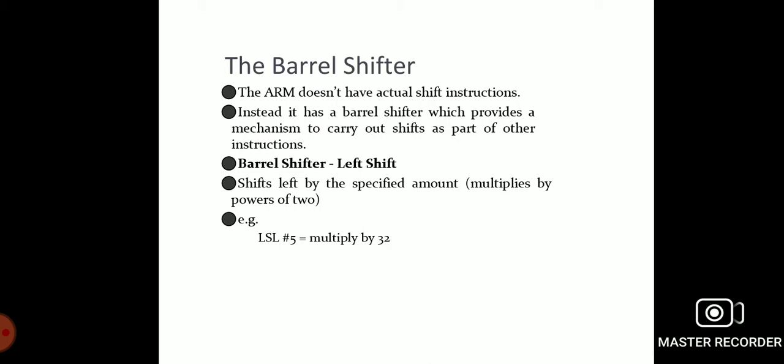We can take this example, LSR #5 is equal to divide by 32. It is a logical shift right and logical shift left. Then there is the arithmetic shift.